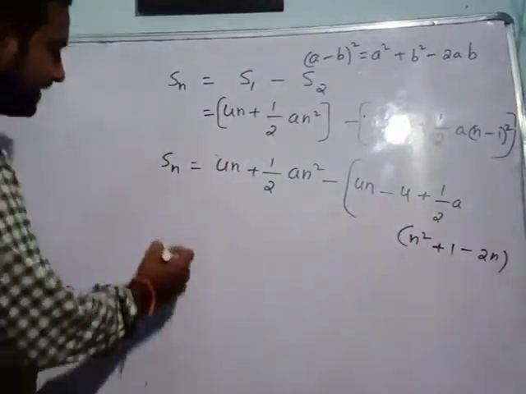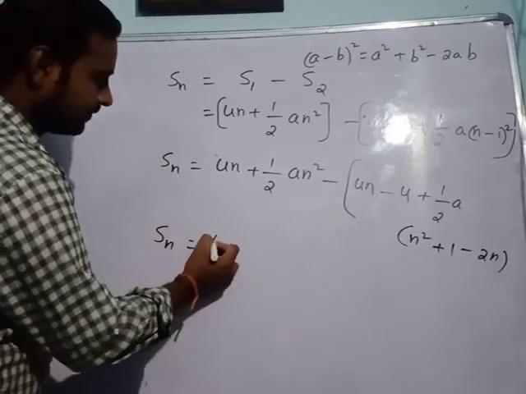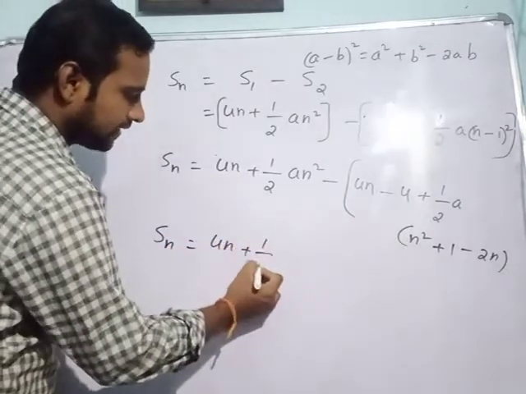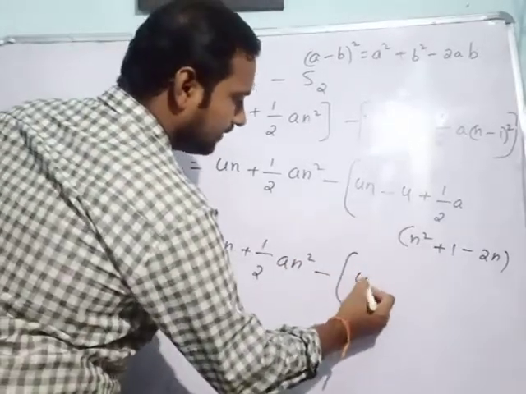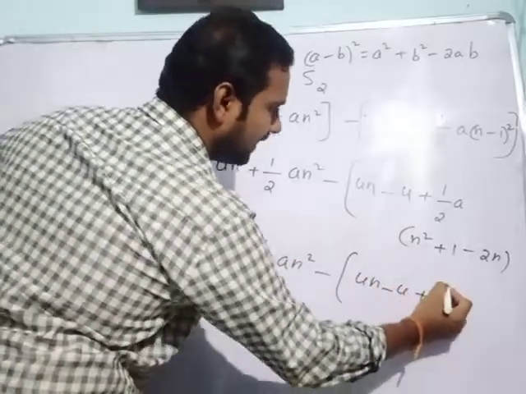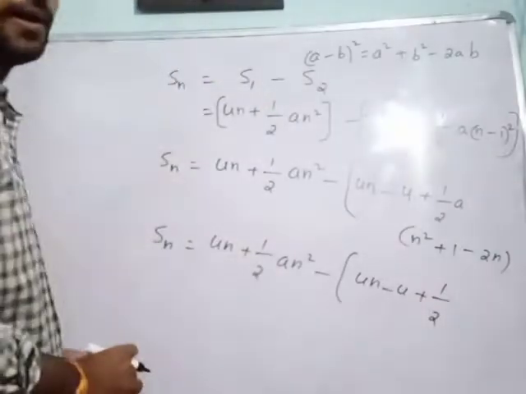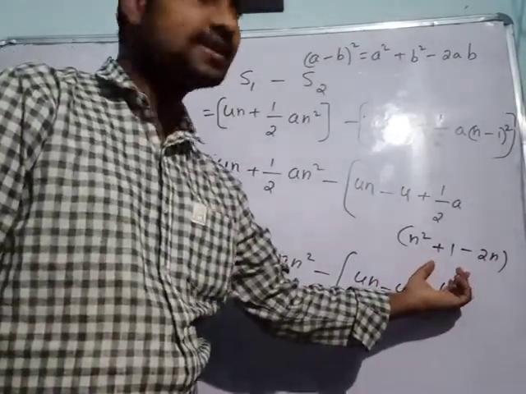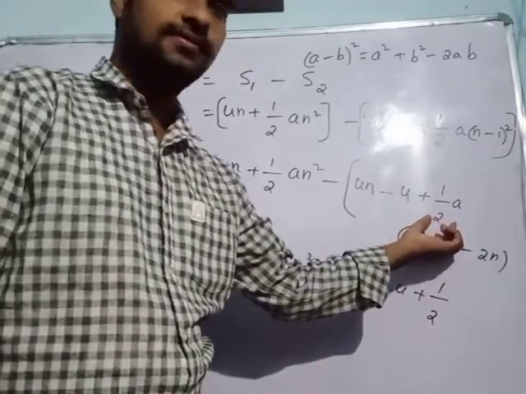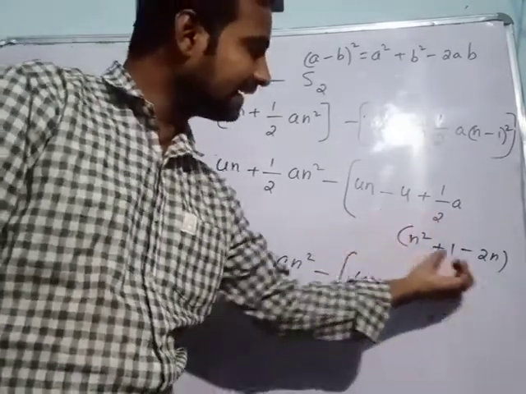So now again Sn is equal to un plus half a into n square plus 1 minus 2n. So now half a is applied to this trinomial. It is a trinomial, here three terms, so it is multiplied with half a. Half a is applied with every term here.